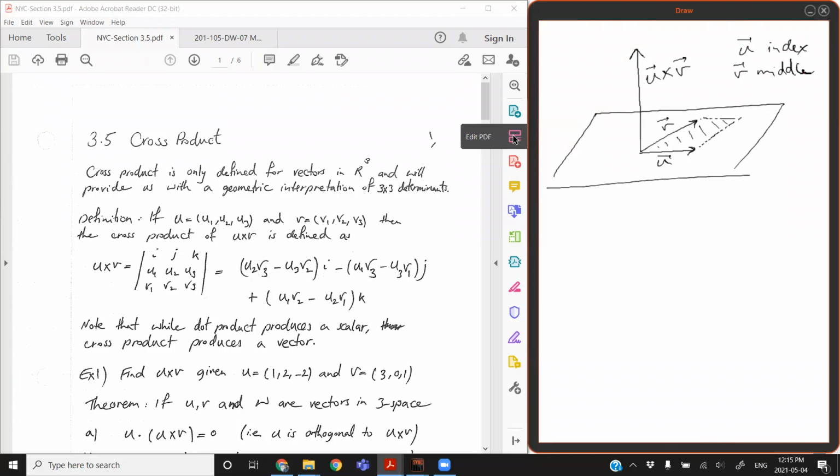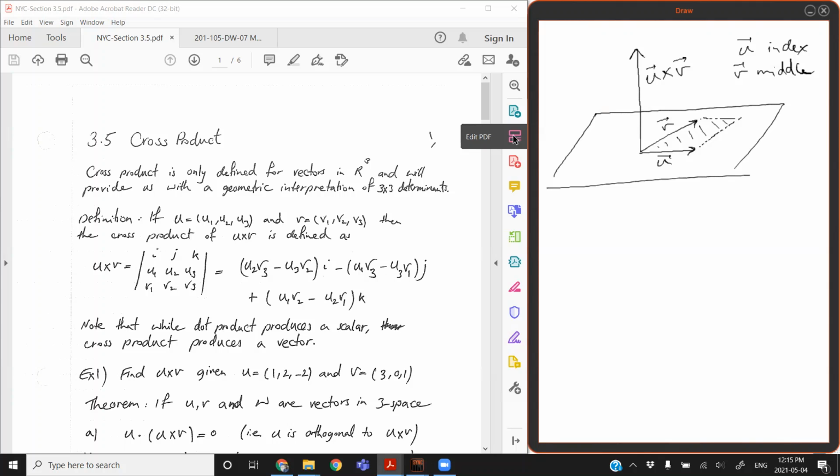Then your thumb will show the direction of u cross v. So just try to do that. Imagine you use your right hand, you put your index finger along the u and the middle finger along the v vector, and then the direction that u cross v shows is the same as the direction of your thumb.